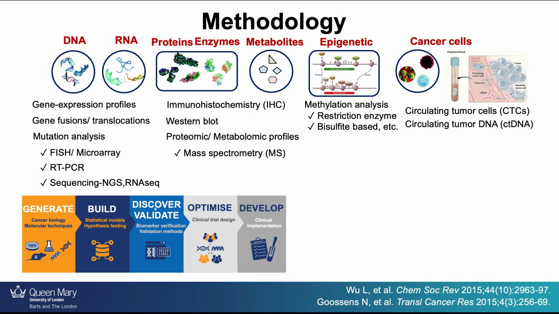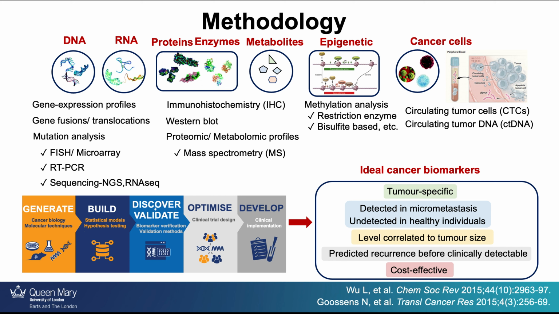All of these molecular techniques to investigate each part of cancer will be studied in scientific models. The scientific models go through verification and optimization in clinical studies, and proceed to clinical implementation.